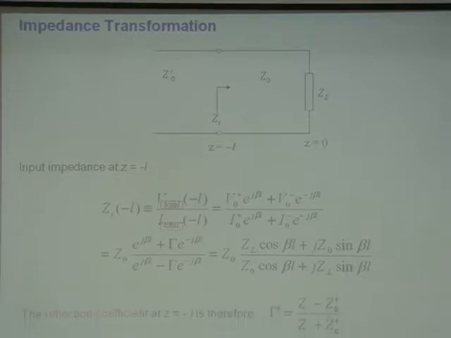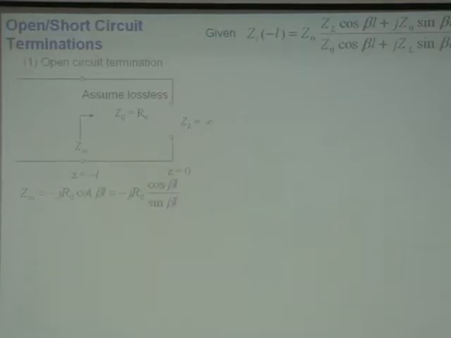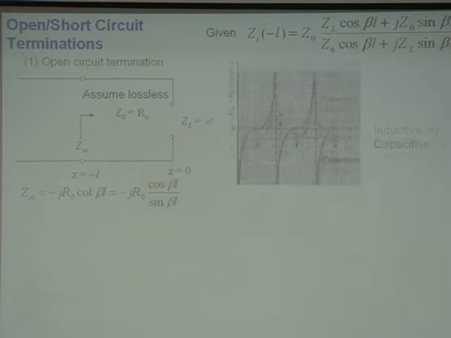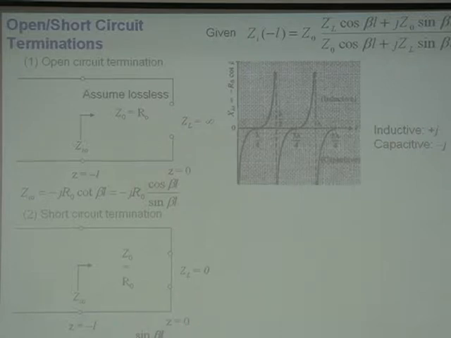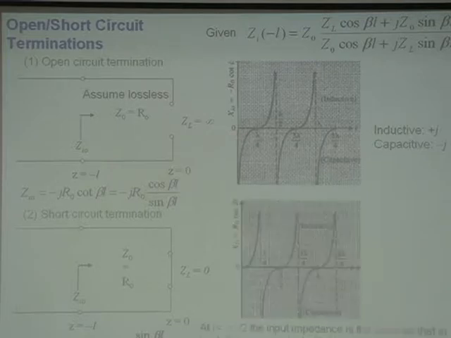Impedance transformation. Okay, right here. You have an open circuit termination, and this is your impedance for open circuit transmission line, and it's purely imaginary, right? For the same thing, you calculate the impedance for a short circuit, and it's also purely imaginary. So for a short circuit transmission line or open circuit transmission line, your input impedance is purely imaginary.